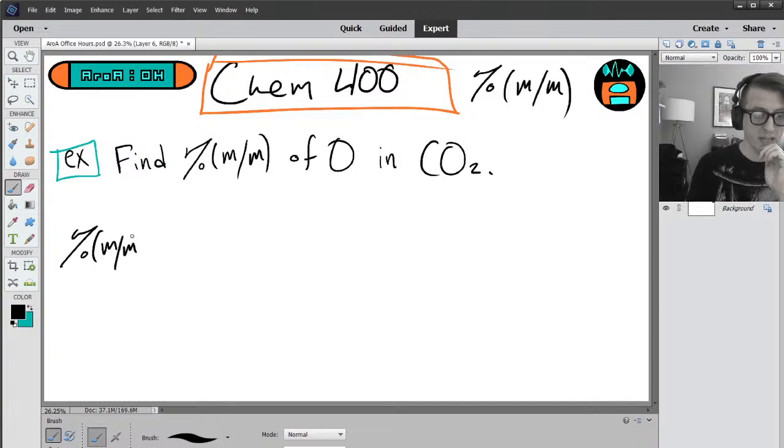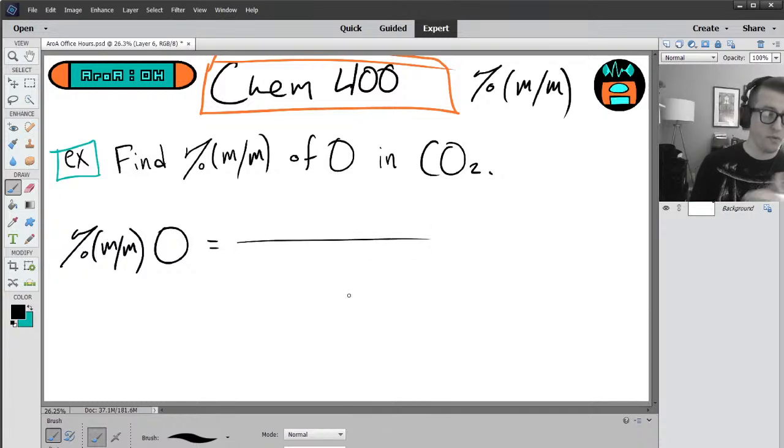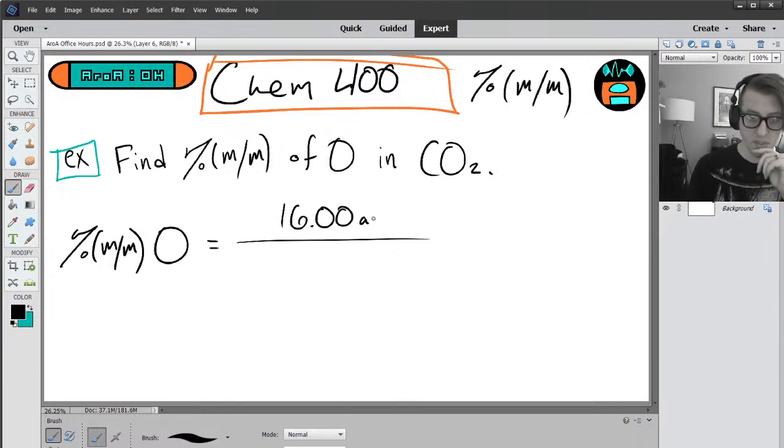So the percent mass of oxygen is mass of the part over mass of the whole. Oxygen, as we know, has an atomic mass of 16.00 AMU. But just like before, we have to take into account the fact that there are 2 oxygen atoms in this molecule.